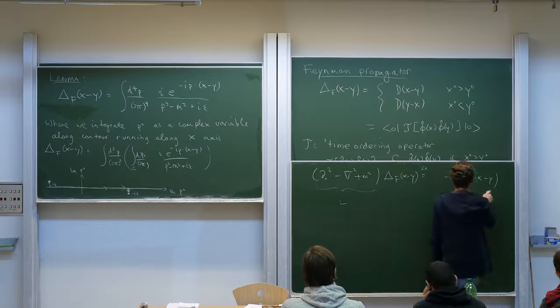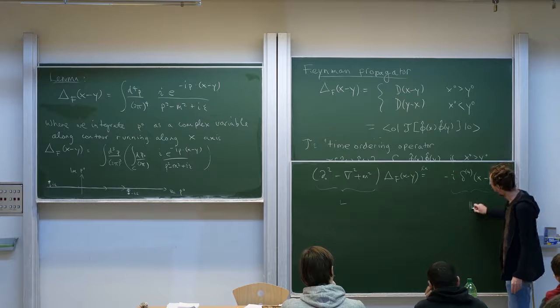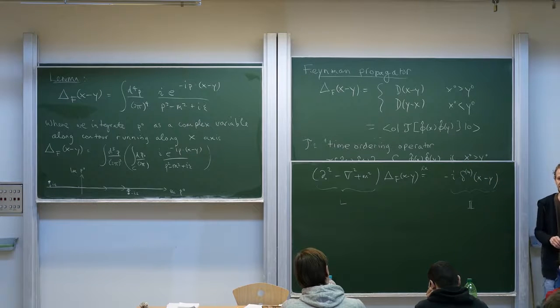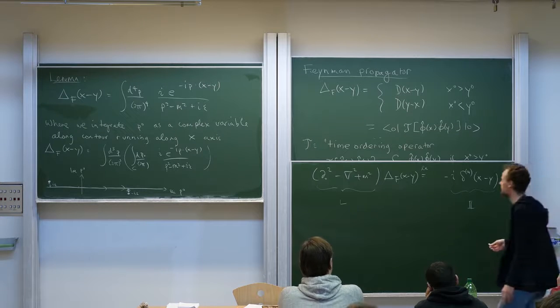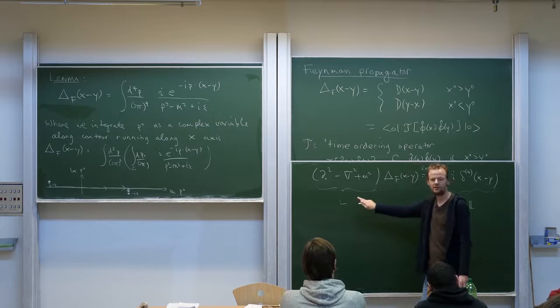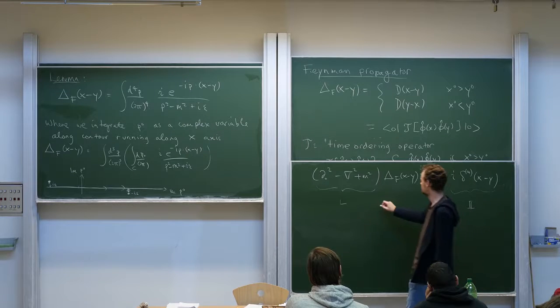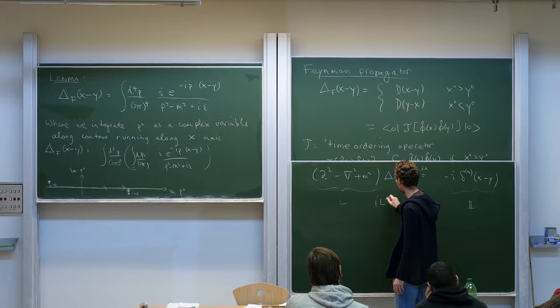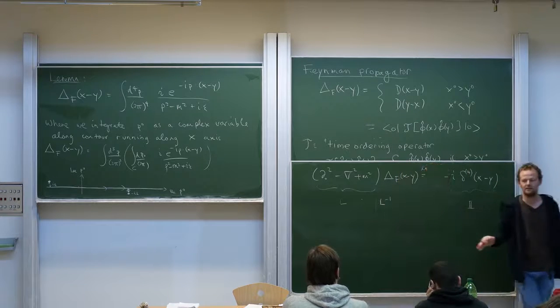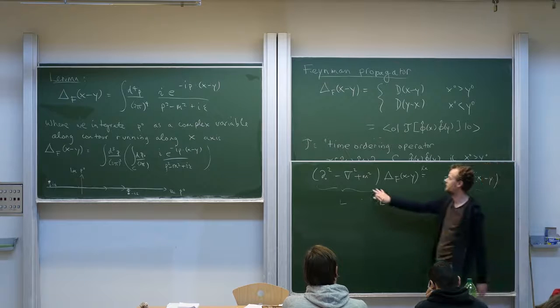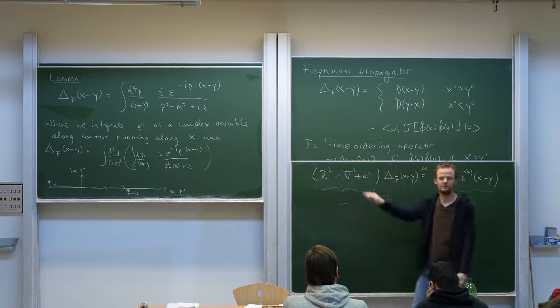And this thing here is like the identity, in some sort of suitably metaphoric sense. So L, a matrix times what is the identity? Well, L inverse, right? So this Feynman propagator is somehow the inverse of the Klein-Gordon equation.